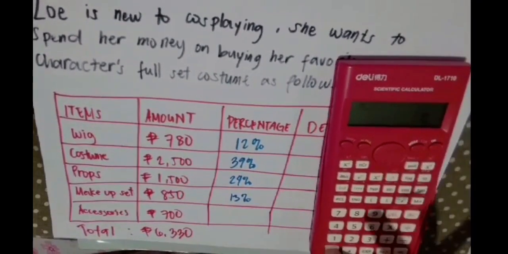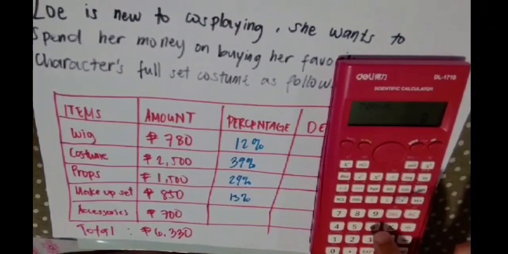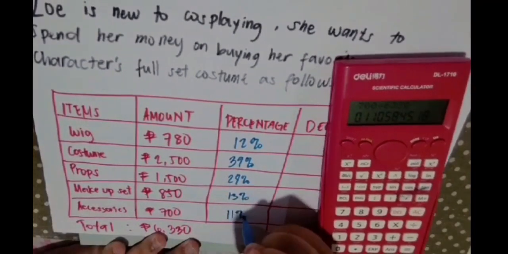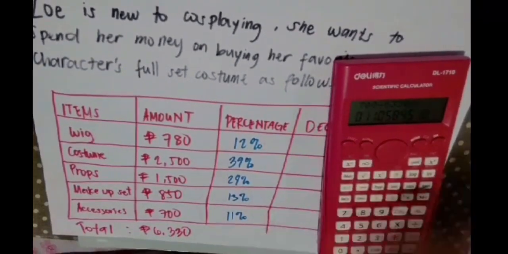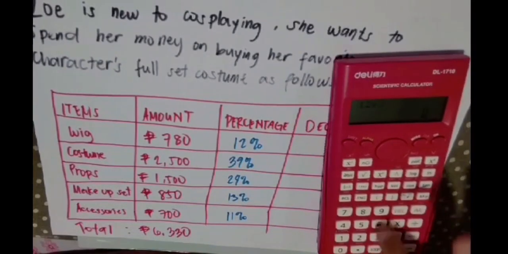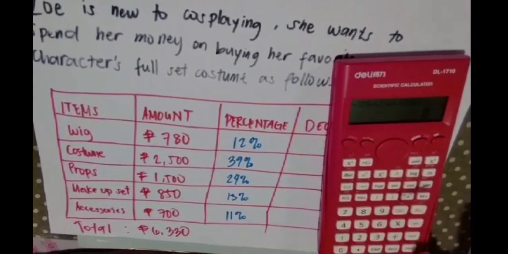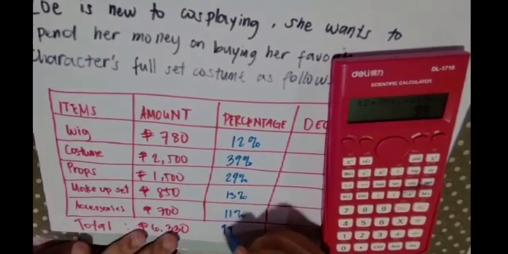And lastly, 700 divided by 6,330, that will be 11%. So we have to total this, of course. 12 plus 39 plus 24 plus 13 plus 11, that would be 99%.